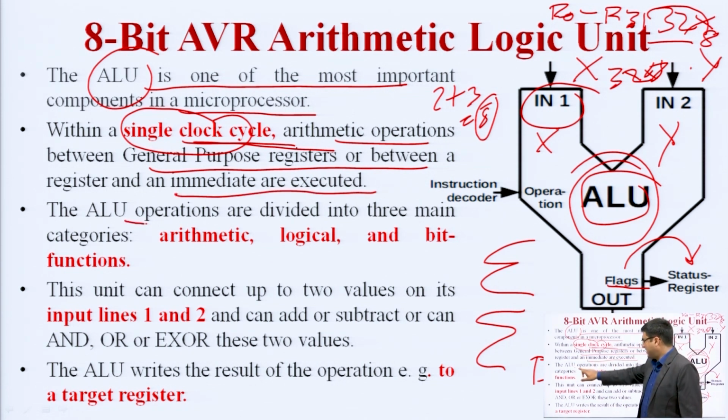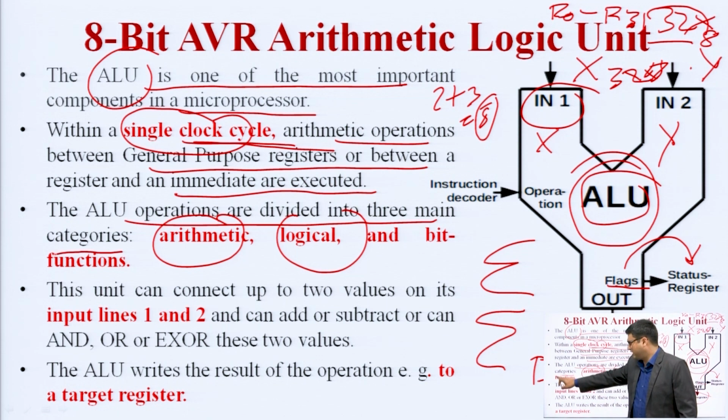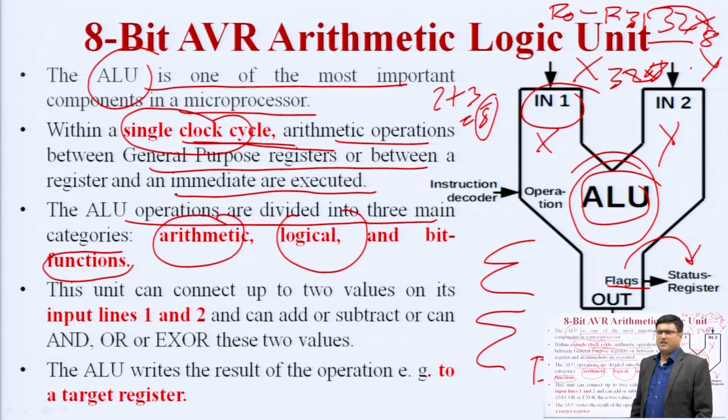ALU operations are divided into 3 main categories: arithmetic operations, logic operations, and bit functions, basically set, reset, and bitwise rotate, logical left and logical right operations as well.